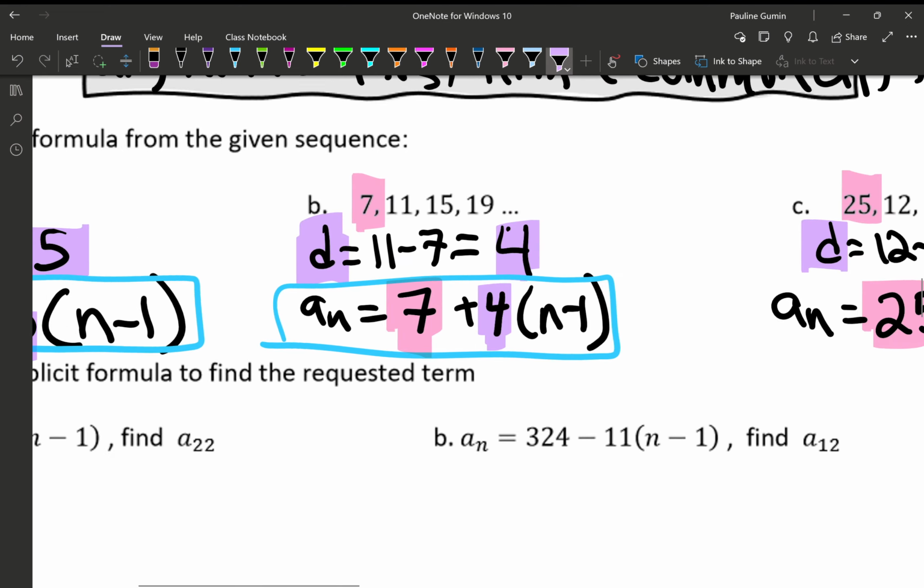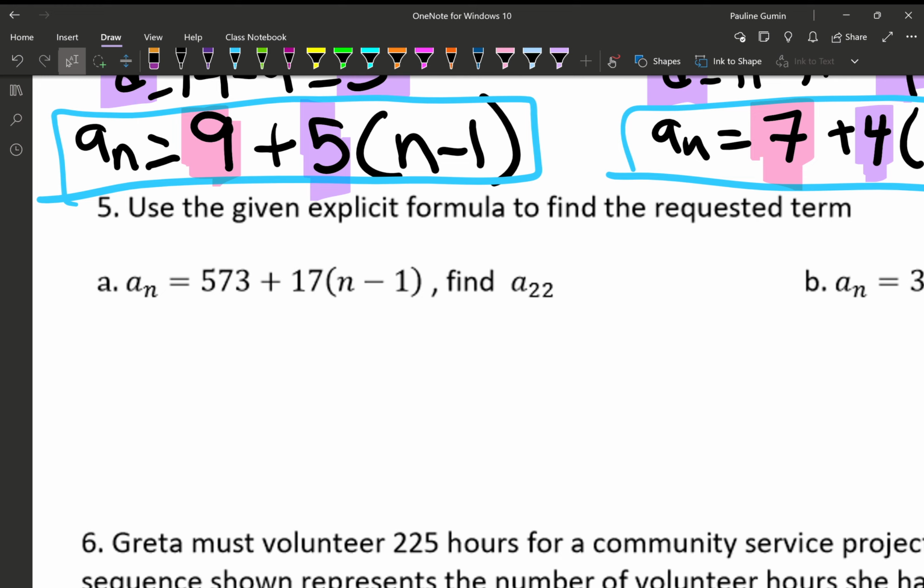Let's put that to use. I have a formula for you already done. Someone created it. That someone was me or whoever made the packet. I would like to find A22. Now this 22 is where this n goes, and it's the same as this n.